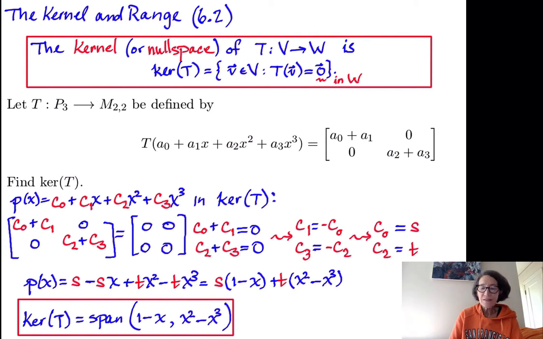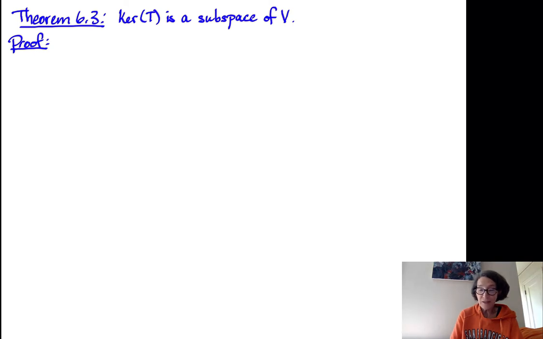All right, let's look at our first theorem. Theorem 6.3 tells us that the kernel of a linear transformation is actually a subspace of the vector space V. And let's just remind ourselves how to prove something is a subspace. So first of all, we have to prove that it's non-empty.